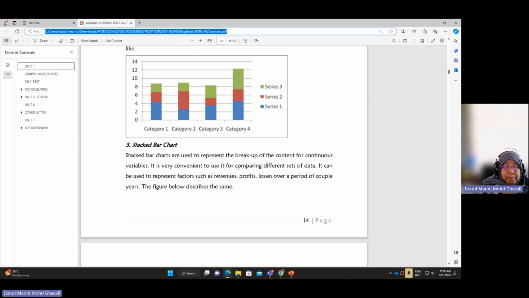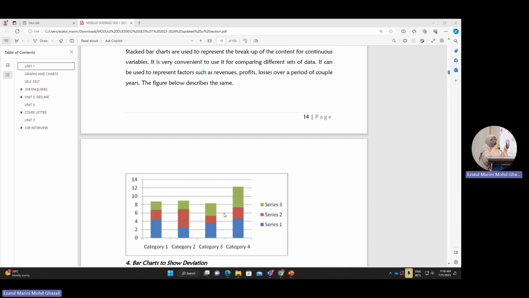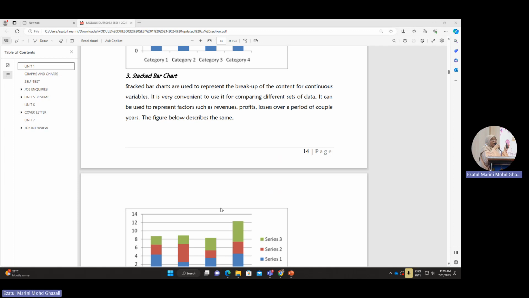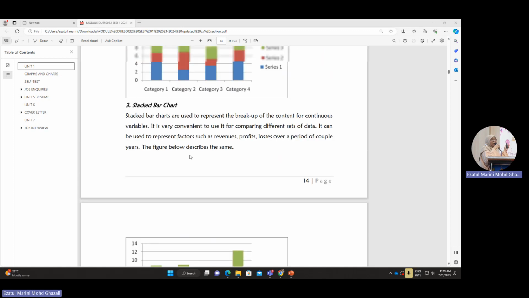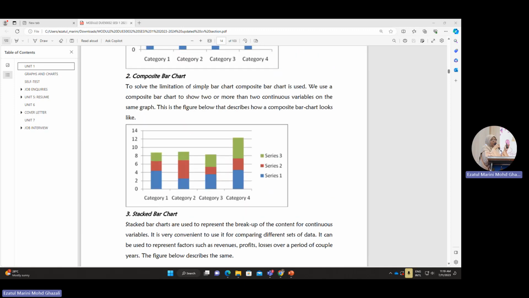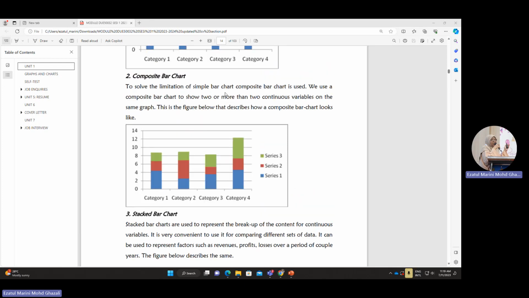Okay, let's have a look at stack bar graph. It is used to represent the breakup of the content for continuous variables. Here, it is very convenient to use it for comparing different sets of data. It can be used to represent factors such as revenues, profit, losses over a period of a couple of years. And then here, composite bar chart is used to solve the limitation of simple bar chart.